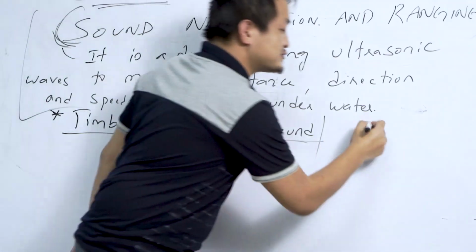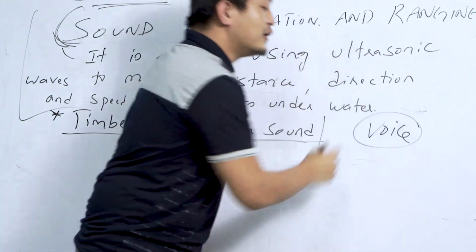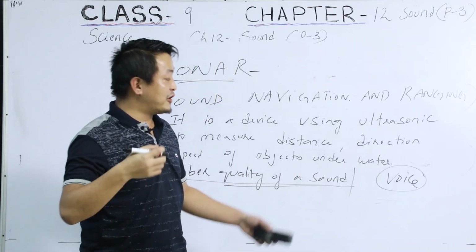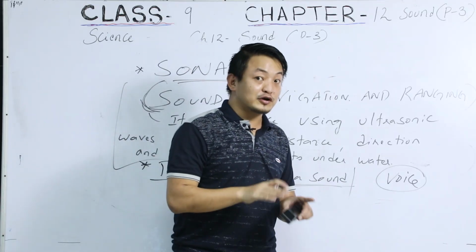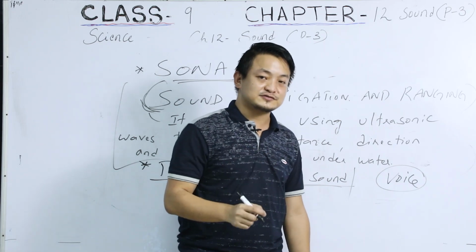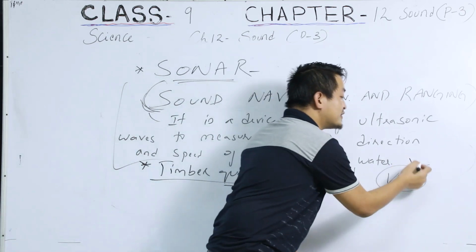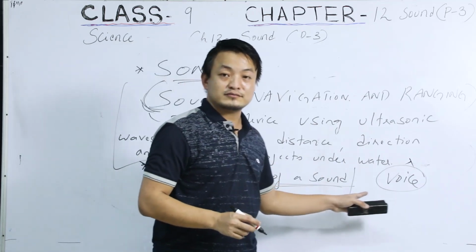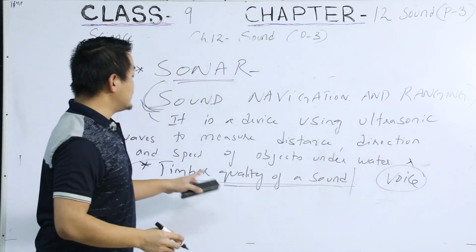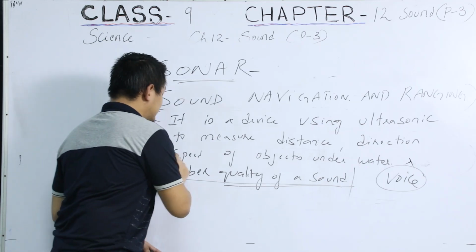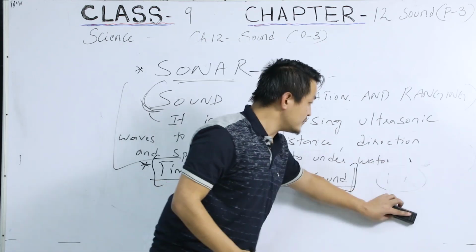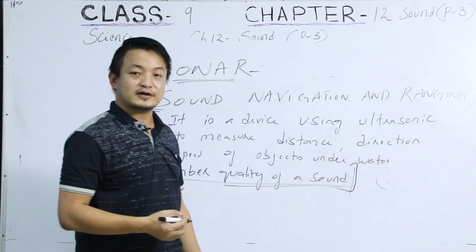You have 5 friends, and all of them will not have the same voice, but you are able to identify their voices. Why? It's because of the timbre, the quality of a sound. It is because of this that you are able to identify your friend's voice.